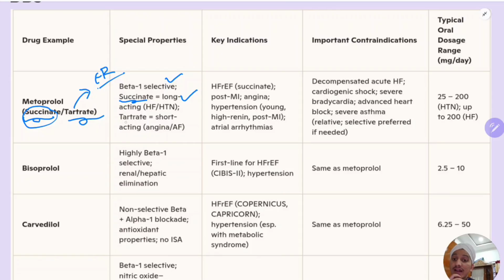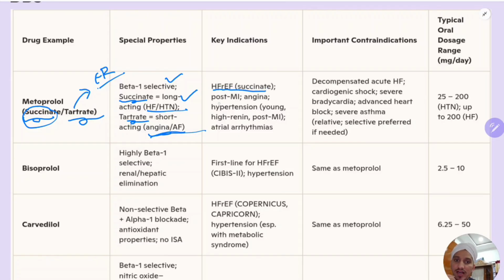and hypertension, whereas the tartarate derivative is short acting and is used in angina and atrial fibrillation. Succinate in hypertension and heart failure, tartrate in angina and atrial fibrillation. So indications: for reduced ejection fraction heart failure, we use the succinate derivative.